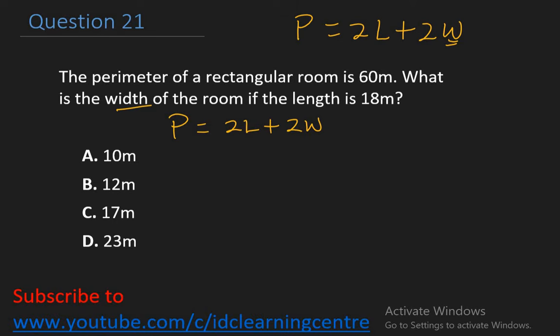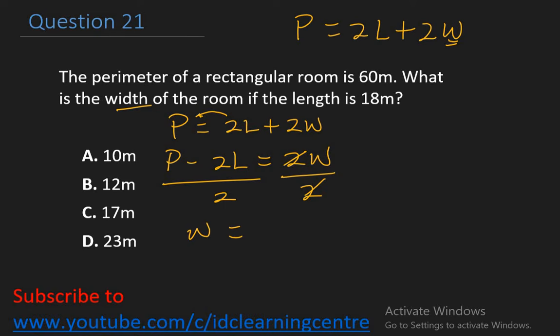Now, to get the width, just make it the subject of the formula. Move 2L to the left hand side. This will give me perimeter minus 2L equal to 2 width. To get the width, you divide both sides by 2. 2 cancels 2. So the width will be the perimeter in the question, which is 60, minus 2 times the length, which is 18, then you divide by 2.